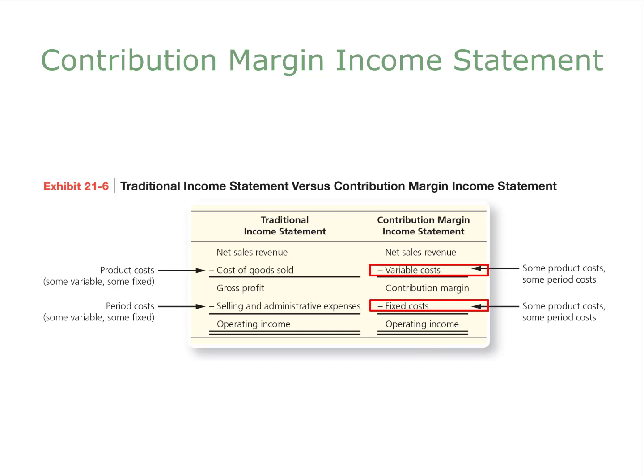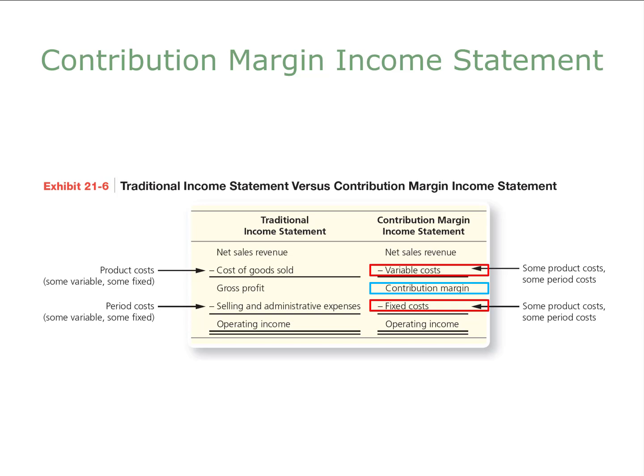Notice the contribution margin income statement highlights contribution margin, a number we will be using a lot in this chapter to solve management problems. So as you can see, the formula for the contribution margin income statement is pretty simple. Net sales revenue minus variable costs gives us the contribution margin. We then subtract fixed costs to get operating income.